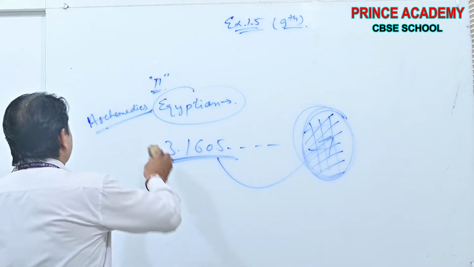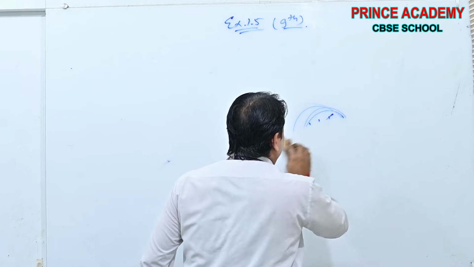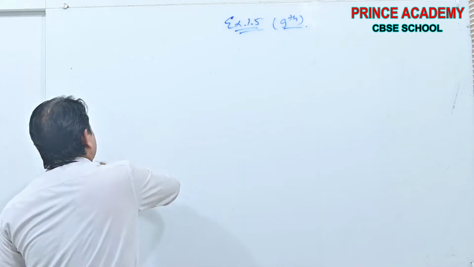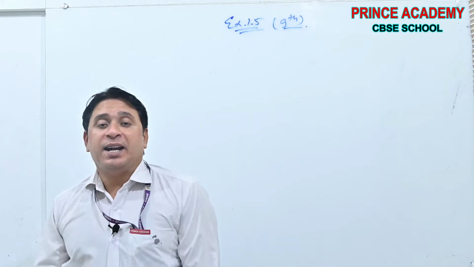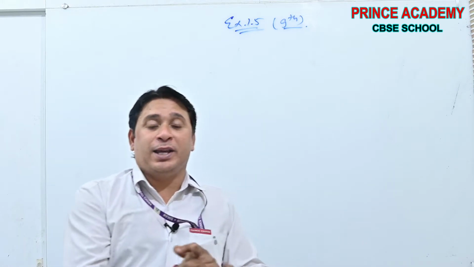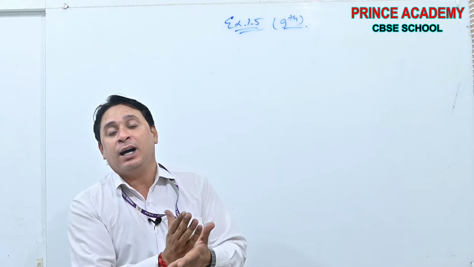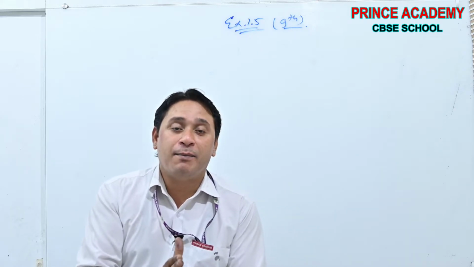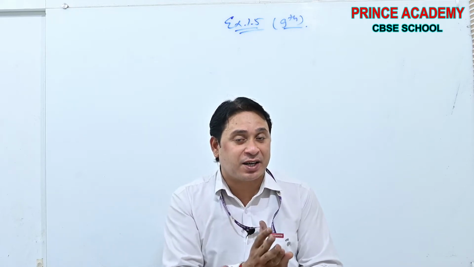Okay, then what happened, see beta? Then all the mathematicians started to work over this number, and slowly this number came into account, and it made the calculations regarding circles very easy.